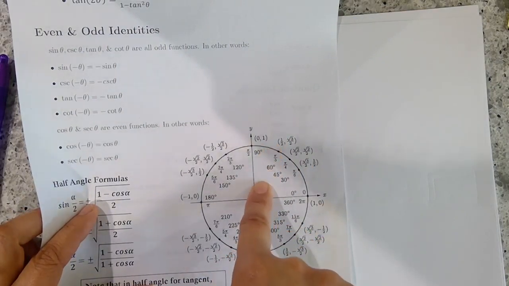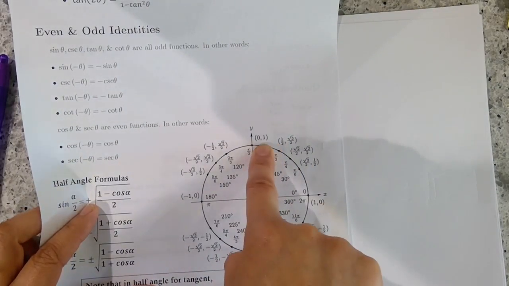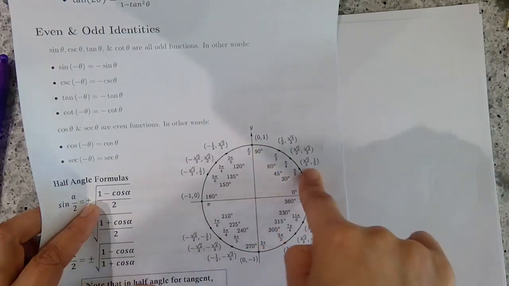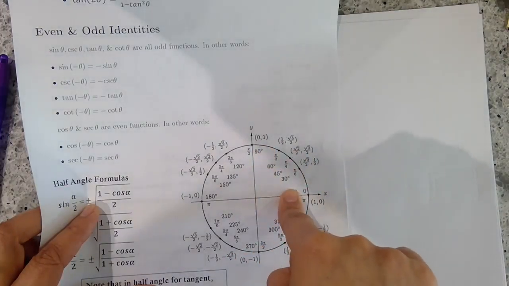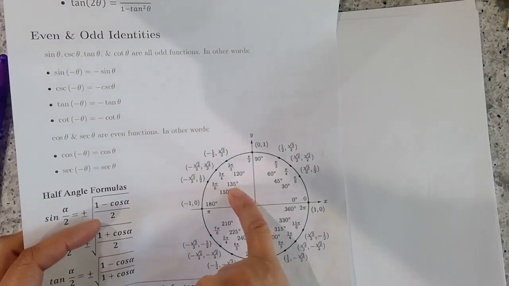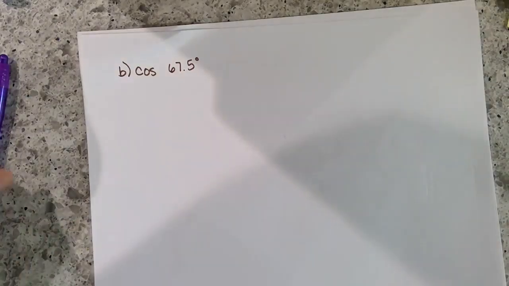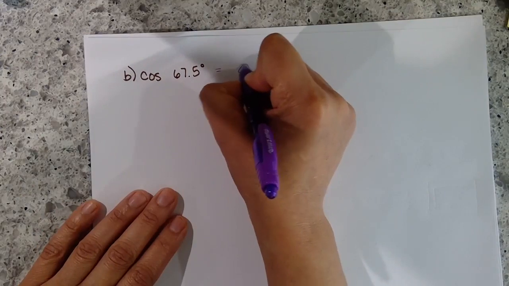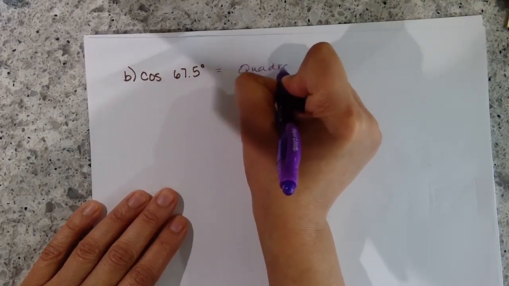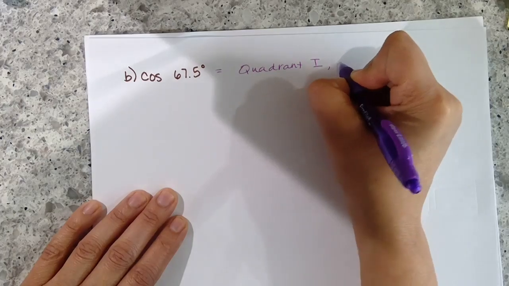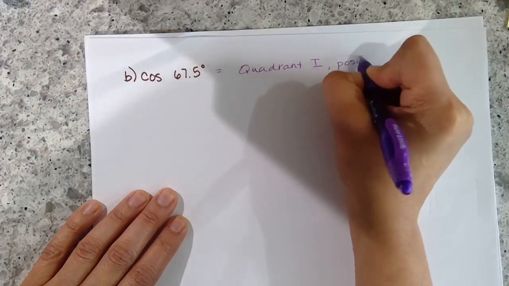Because 67.5 degrees lies here, all the signs are positive in this section, so your answer is going to be positive. And then we're going to go based off of the 135. So it is in quadrant 1, which makes it positive.